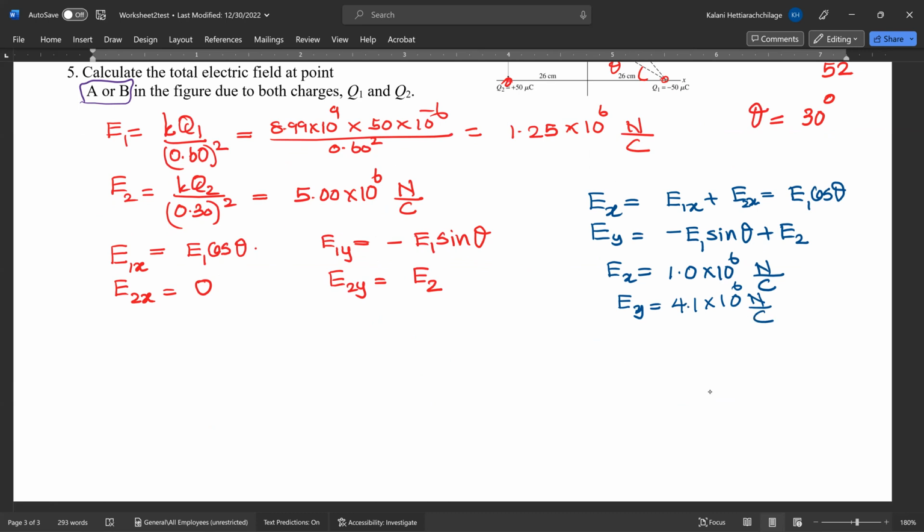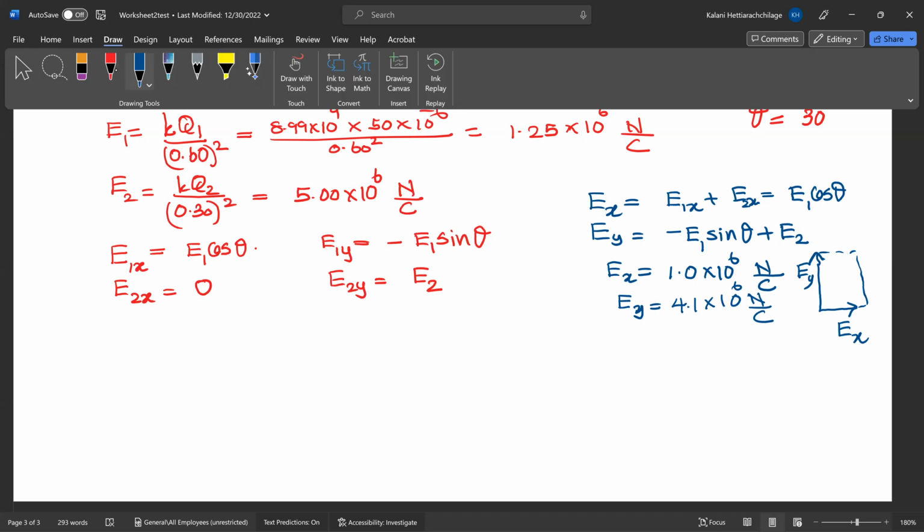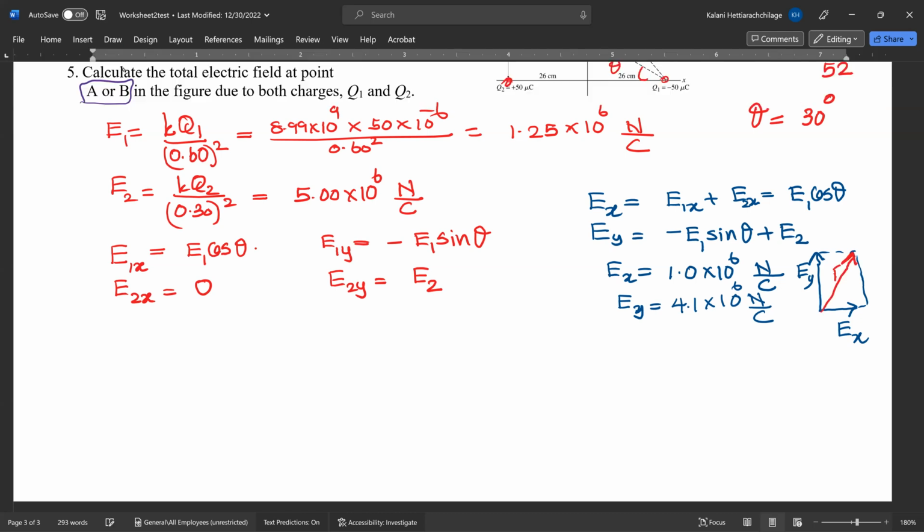So now after you know this, you can probably draw your parallelogram. You have Ex smaller and Ey a little greater, and complete the parallelogram, right? This is your Ex, this is your Ey, and what we are looking for is the diagonal, E, and also this theta.